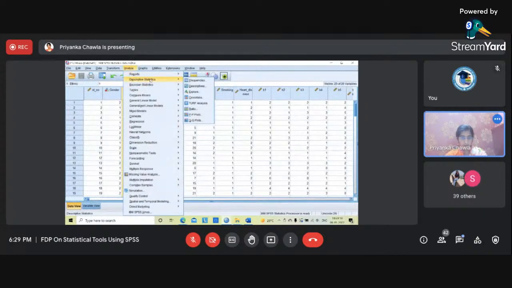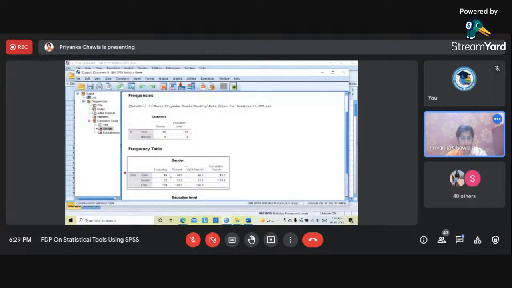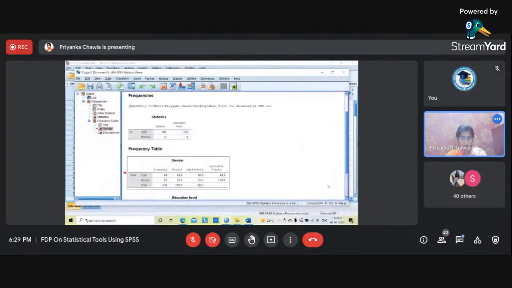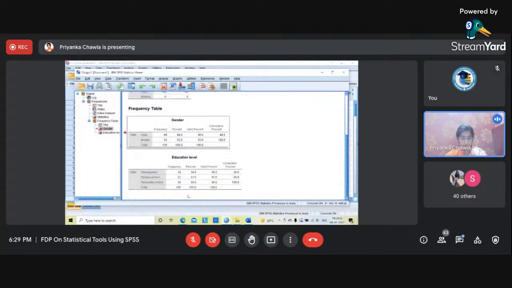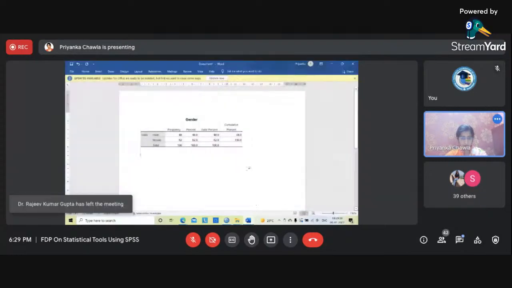Analyze, descriptive and frequency, right? Just transfer gender over here, education level over here. Copy this, paste it over here. Copy this education level and paste it over here.